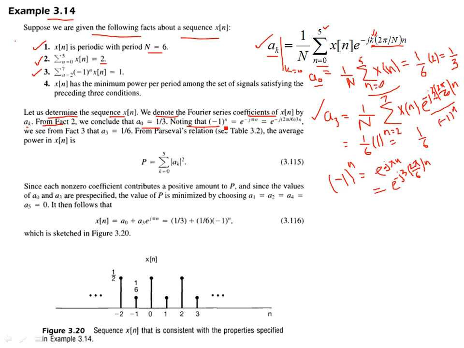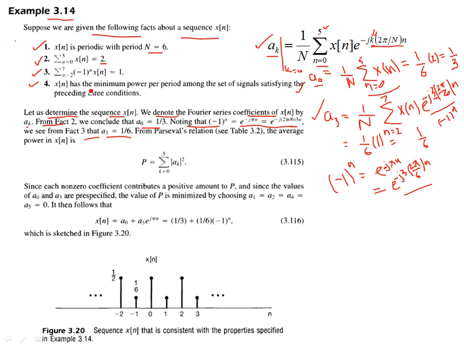Then we noted that minus 1 to the n can be written as e to the minus j pi n, which can be further written as e to the minus j 2 pi by 6 into 3n, right? And if you plug this inside the summation, then you can see that k is equal to 3. Okay, so fact 3 means A3 is 1 over 6. Then the fourth fact, so now we have 2 Fourier coefficients.